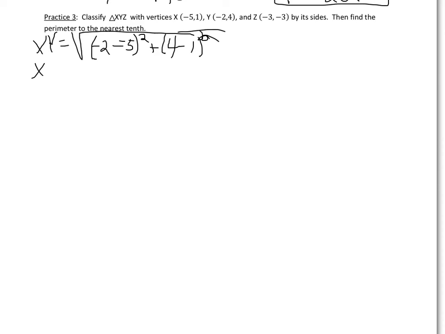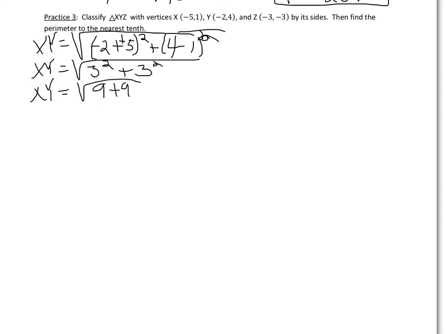So XY is the square root of, this will be plus a positive, 3 squared plus 3 squared, which is the square root of 9 plus 9, or the square root of 18, which when we plug that into a calculator is approximately 4.2. So we've gotten the first distance.